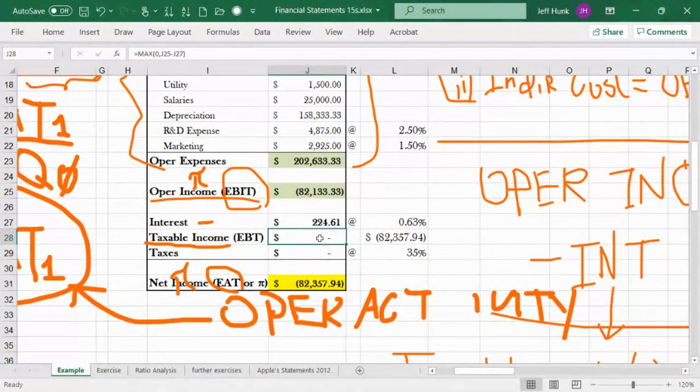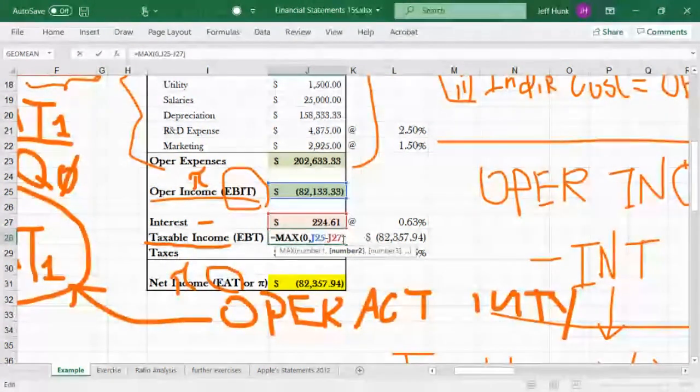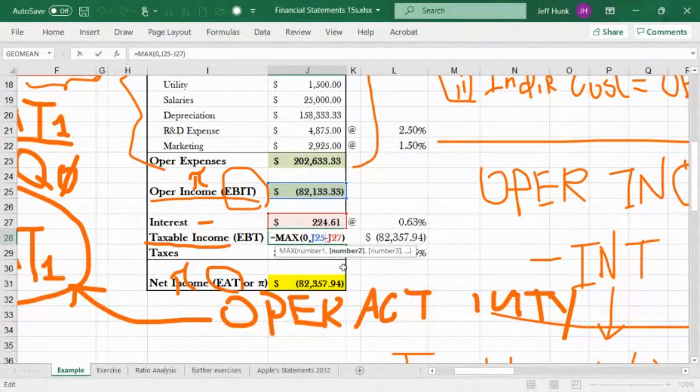Now, the taxable income, but if this is positive, think about it. If this taxable income, in other words, J25 minus J27, if this is positive, then our taxable income will be automatically positive, right? This way, Excel will automatically take care of that. You don't have to enter the number there.